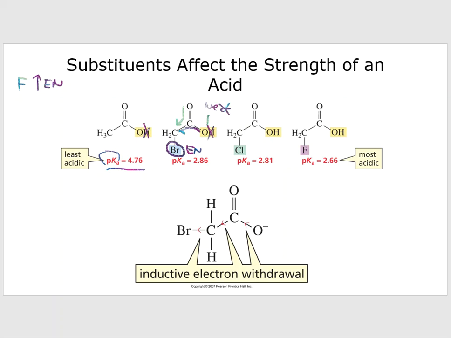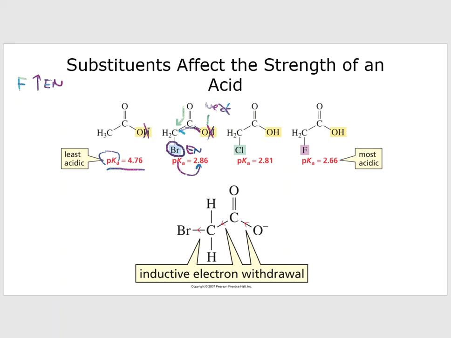And this can easily be removed compared to a group that doesn't have anything electronegative on it. Notice that the pKa plummets here. It goes to 2.86 from 4.76. So this almost gets cut in half, right? So that electronegative atom plays a major role in how acidic this molecule is becoming.